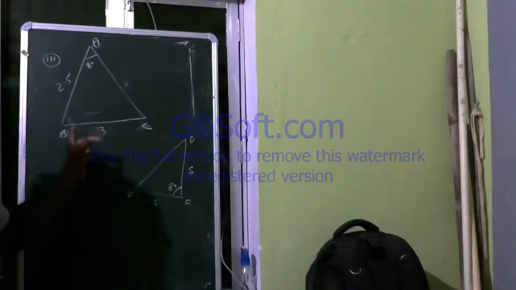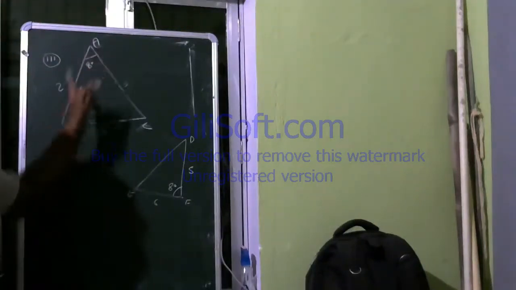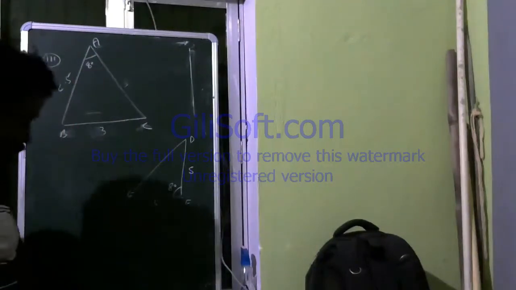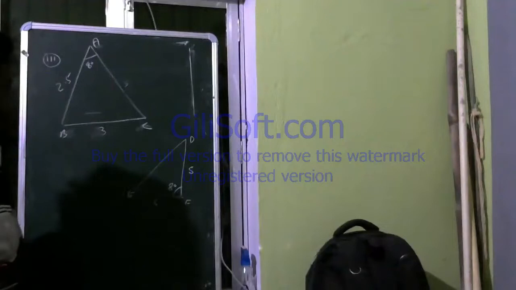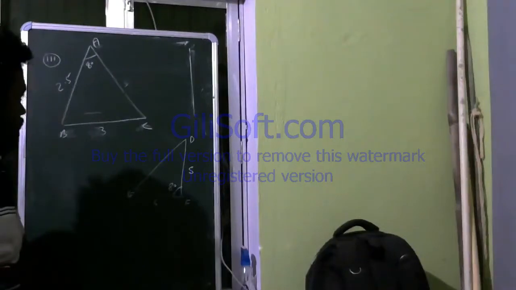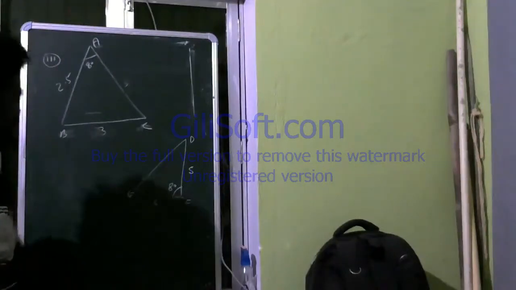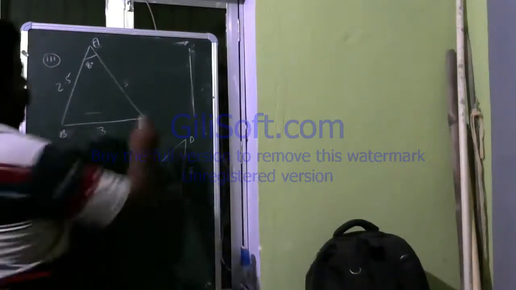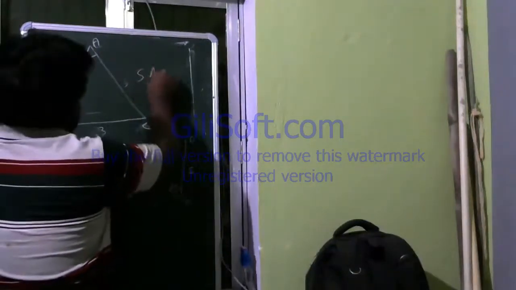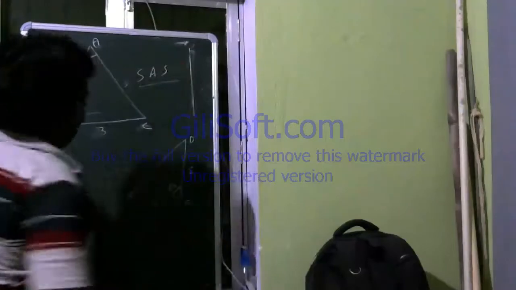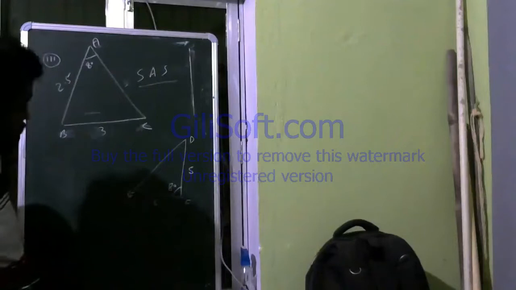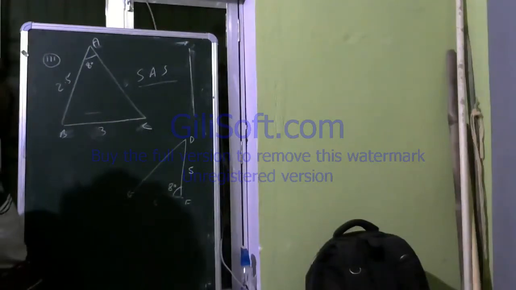But in this triangle, it is not given the included angle between AB and BC. So you can't say that triangle ABC is similar to this triangle, because we require as criteria that two corresponding sides are in the same ratio and included angles must be equal.